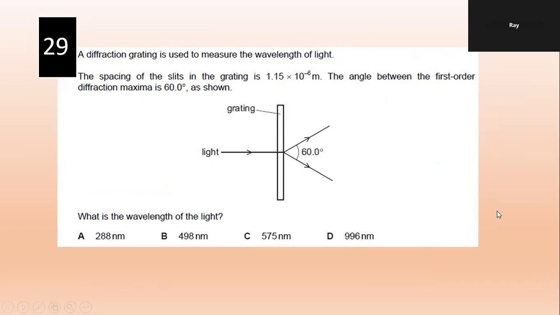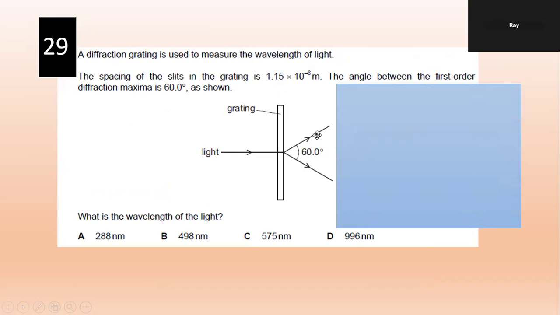Okay, what's the wavelength of light? Well, this one I did not. Okay, you have to divide this by 2 to find, right? The angle is always between straight through, this line and that line lah.